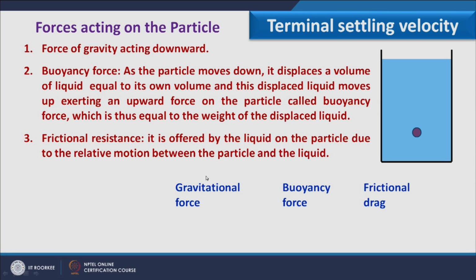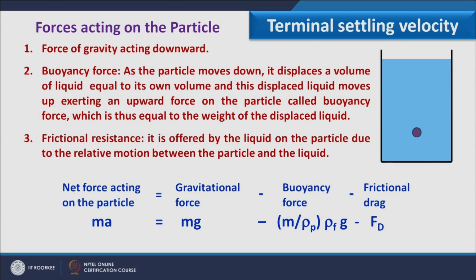Now, here we have three different forces, and the net force acting on the particle is the gravitational force minus buoyancy force minus frictional force. Gravitational force acts downward, buoyancy and frictional force act upward. Mathematically we can represent the net force acting on the particle, that is ma, equal to mg, that is the gravitational force, minus m by rho p.